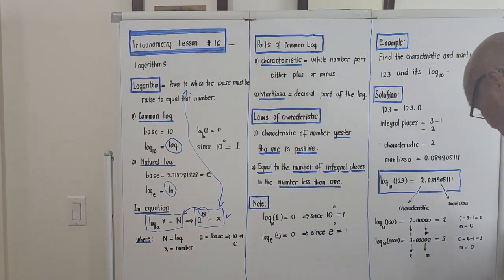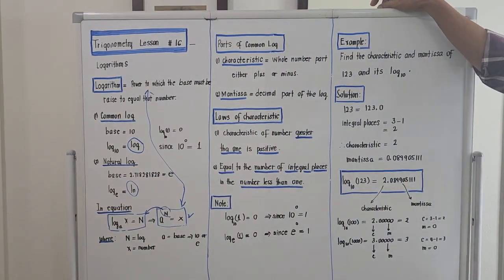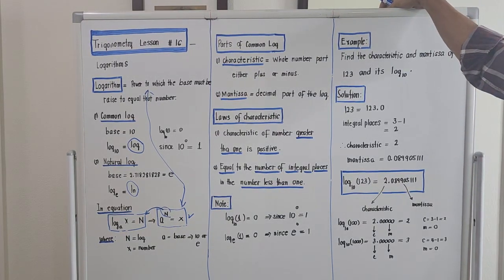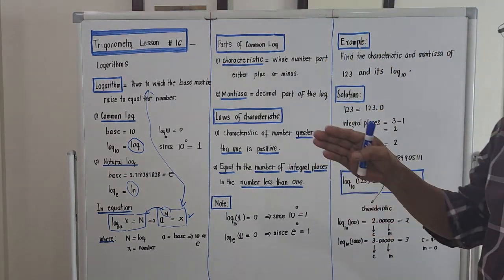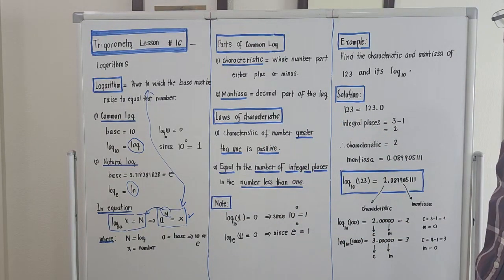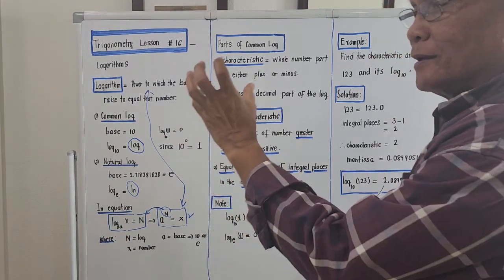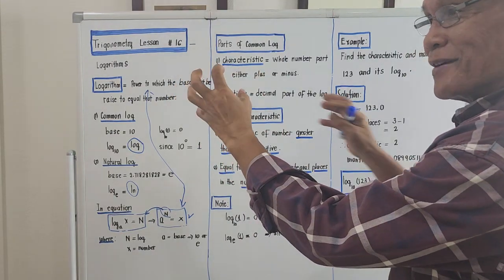Okay, let's try to bring out the parts of a common logarithm. I think we have not discussed this one under algebra, but under the study of trigonometry, I will be bringing out the parts of a common logarithm. Because if we try to get a logarithm of a number, there is the so-called whole number part, and there is the decimal part.